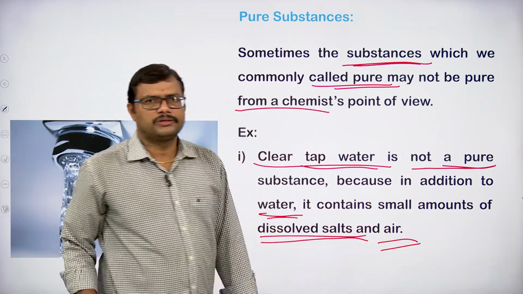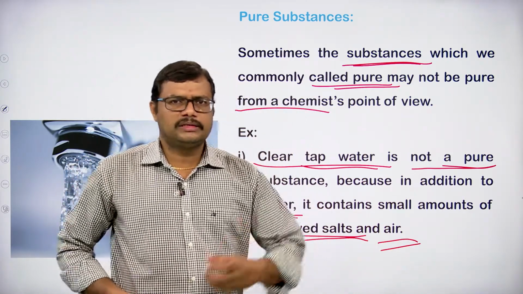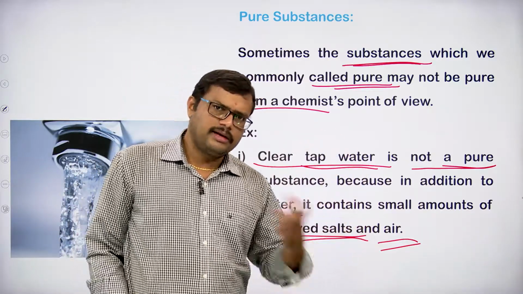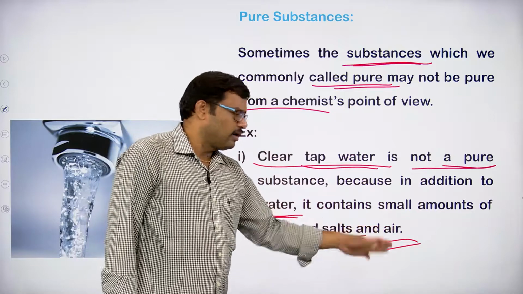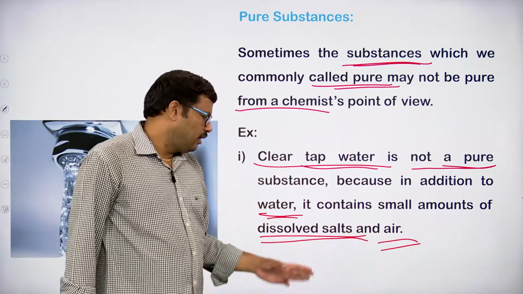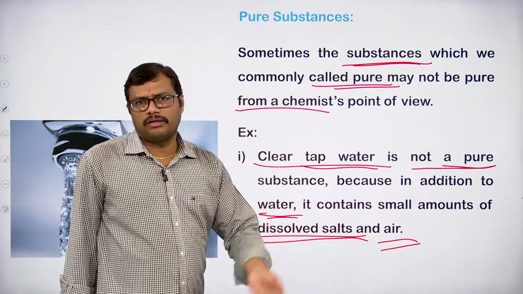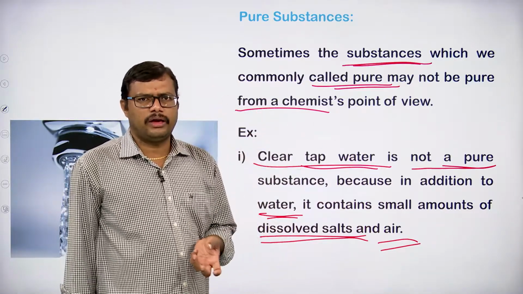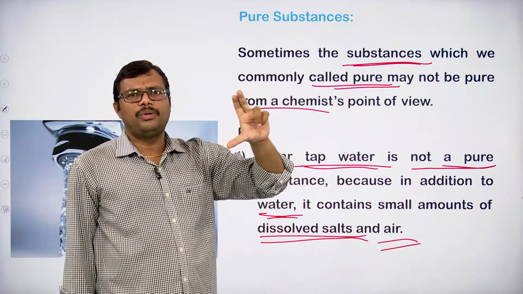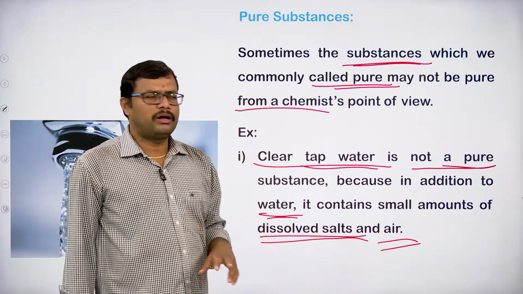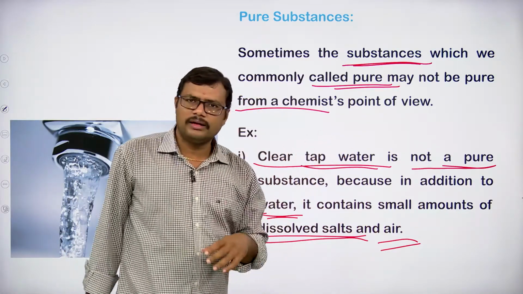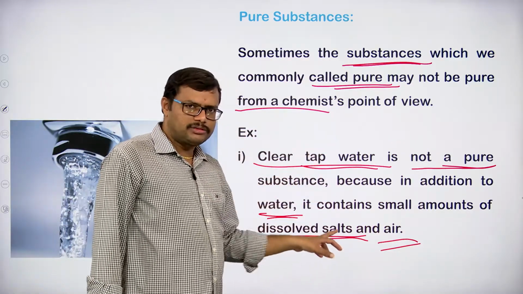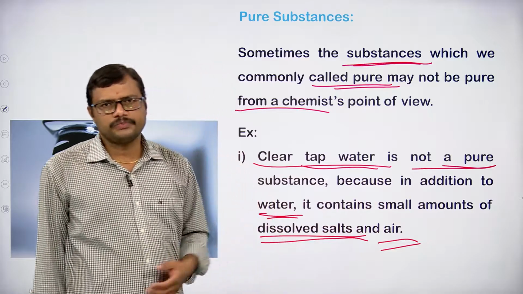It may even contain dissolved oxygen. Whenever we collect a sample of water from a pond or a tap, it generally contains oxygen or air dissolved in it, or some salts dissolved in it. As they are dissolved in water, we cannot see them with the naked eye, so the water sample looks clear. People say clear tap water is pure water, but it will have dissolved salts as well as dissolved air.